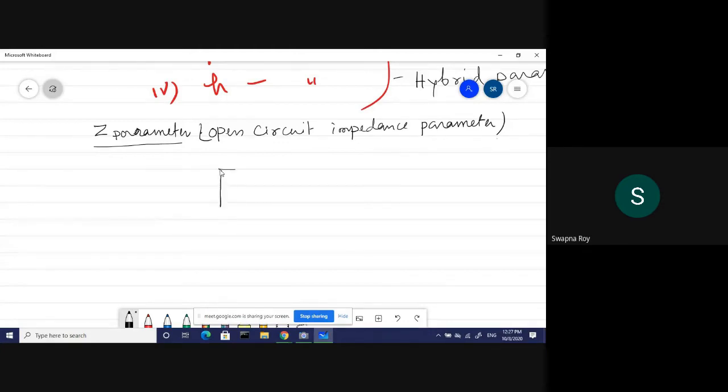So again, we will draw the rectangle and we'll draw the input port and output port, and current is entering. This is I1, this is I2, this is V1, and this is V2.